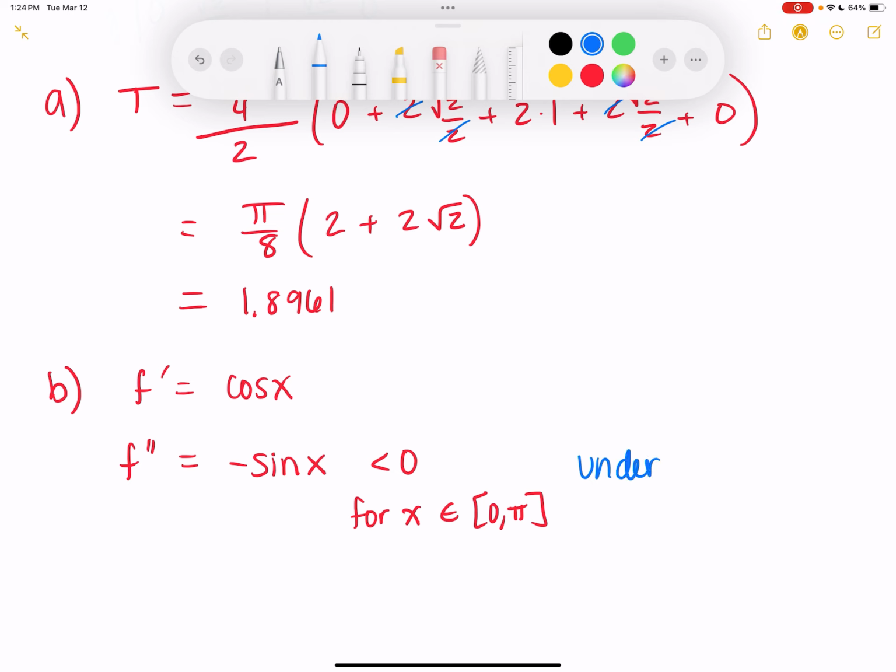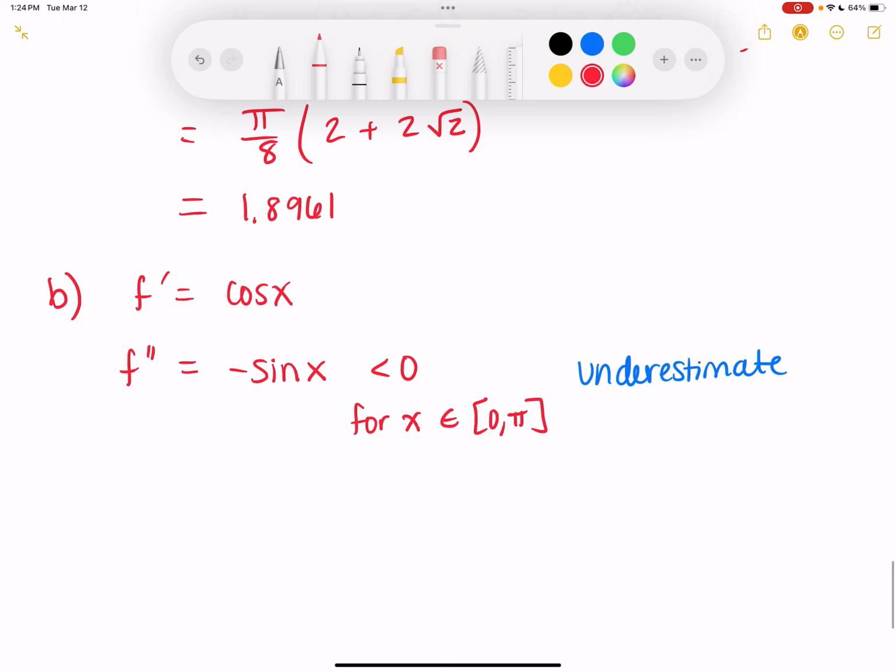Now, we could still do it the other way, totally fine, but I wanted you to see this about this rule in particular. So doing it by hand, the integral from 0 to pi of sine of x dx. What is the antiderivative of sine of x? Negative cosine x, from 0 to pi.